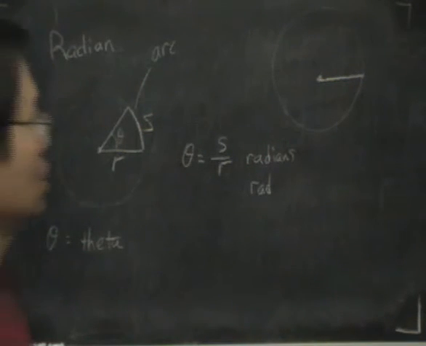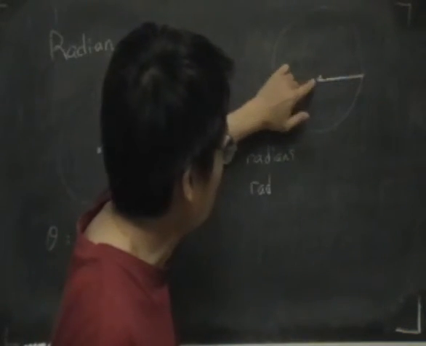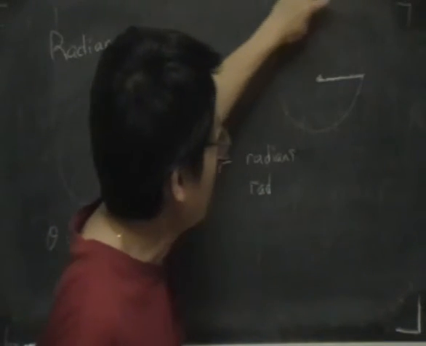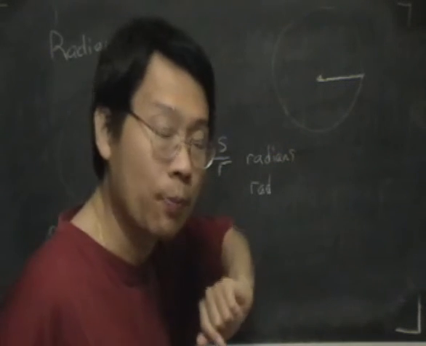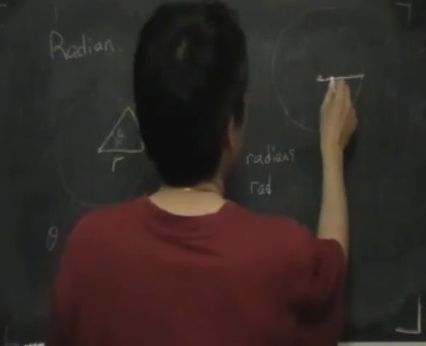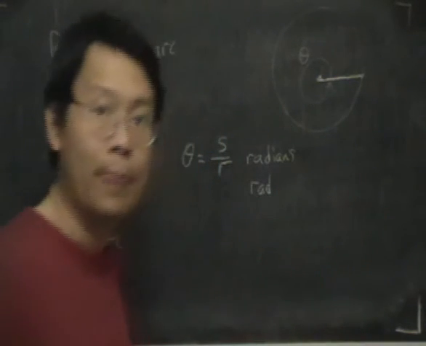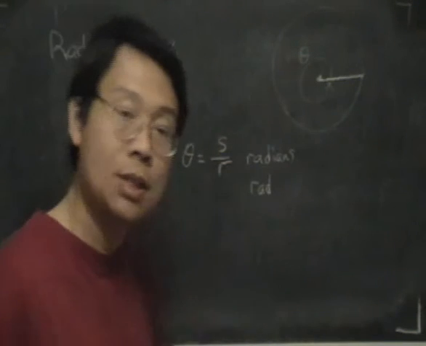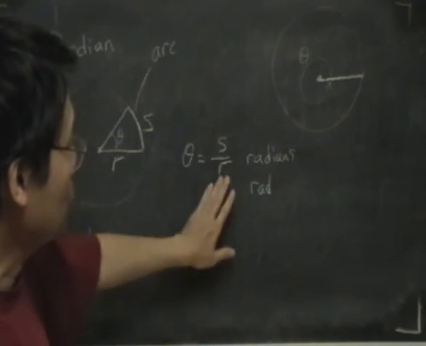It's not a very nice circle, but if I start with this line from the center to the circle, and if I imagine going one revolution around the center, so this angle theta is one revolution. But what is the angle theta in radians? Now I can find that using this formula.